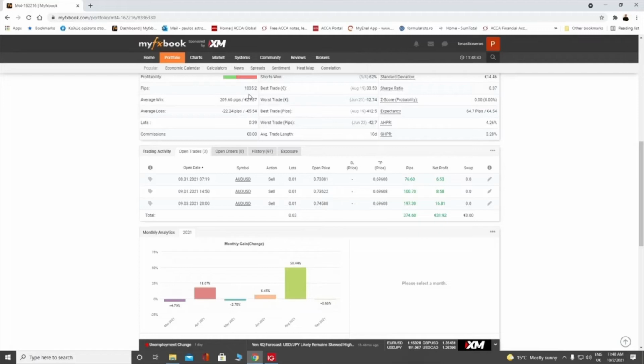My system is able to generate 209 pips per trade on average, and loses 22 per trade. So what does this mean? That for every one trade that I'm losing, I'm gaining 10.